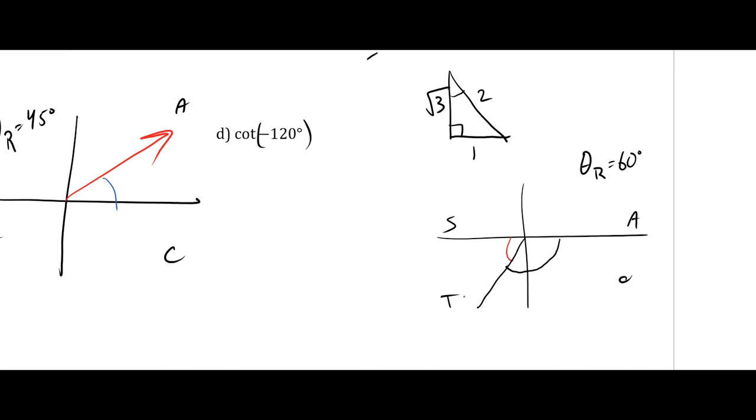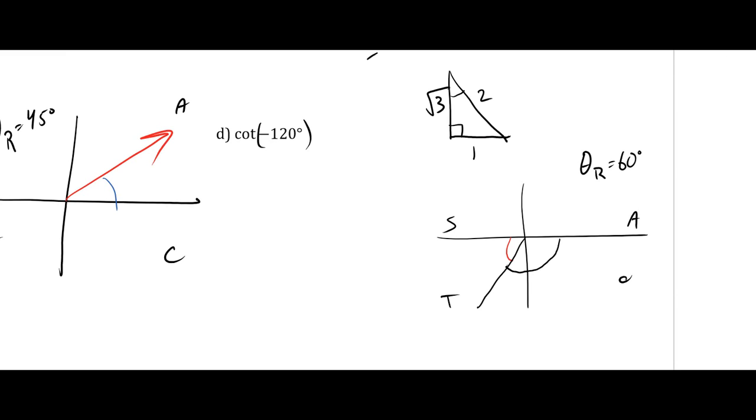But cotangent is 1 over tangent, okay? And it's 60 degrees, so I'm looking at this same special triangle here. And where is my 60 degree angle? It's here. Tangent is opposite over adjacent, so that's root 3 over 1.